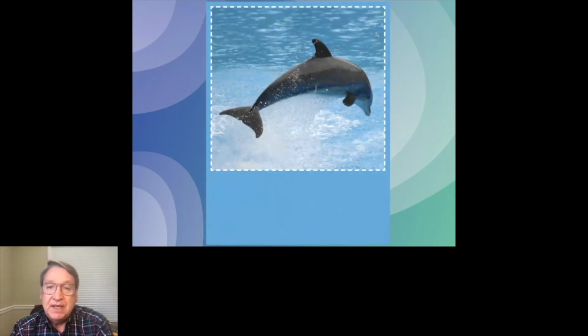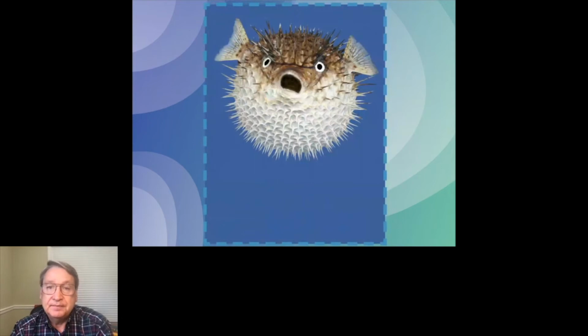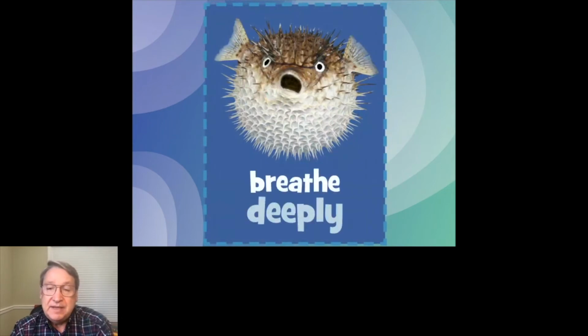This one is arch the phrase. Anybody want to guess? Breathe deeply. Here again, the rectangle, I used the color tool to make the color of the rectangle that was hiding the letters the exact color of the background. And I used that little eyedropper tool to do that.